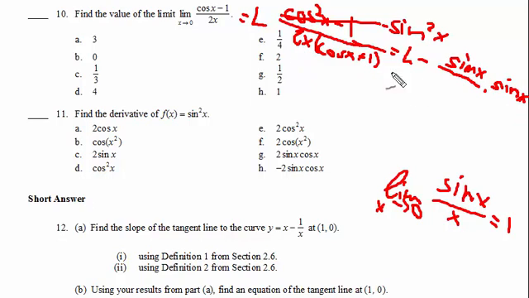So 2x is going to be down here, that's this factor, and cosine x plus 1 is down here.